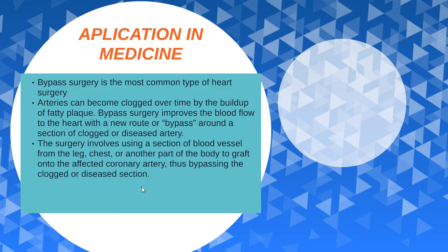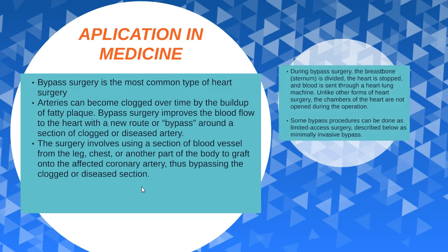The surgery involves using a section of blood vessels from the leg, chest, or another part of the body to graft into the affected coronary artery, thus bypassing the clogged or diseased section.